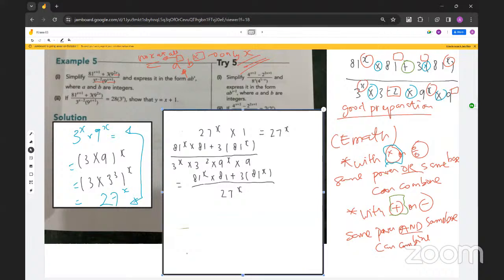Now, the first principle is exhausted. The first principle is with times or division relationship, same power or same base can combine. Well, it's not exhausted. You can still use the division relationship if you want to, or you can use the plus one. Why do I say that? Because look, here's a division. This is basically this divided by that, and then this divided by that.